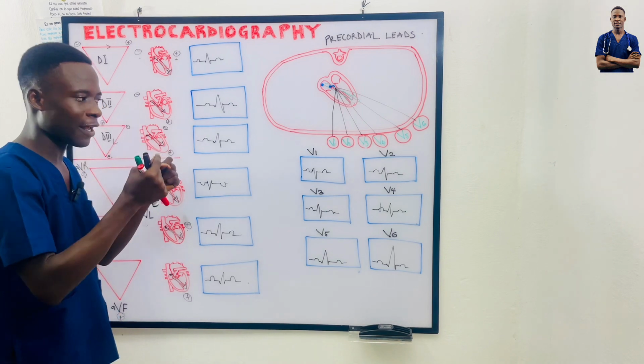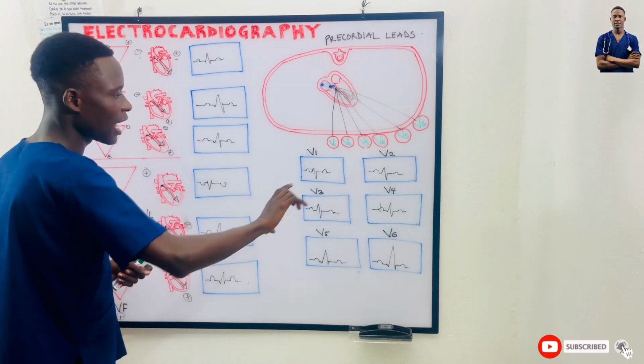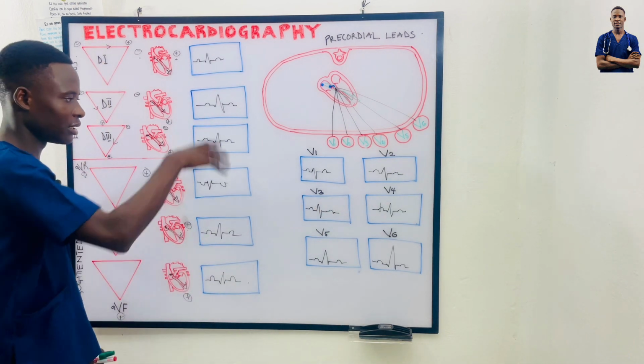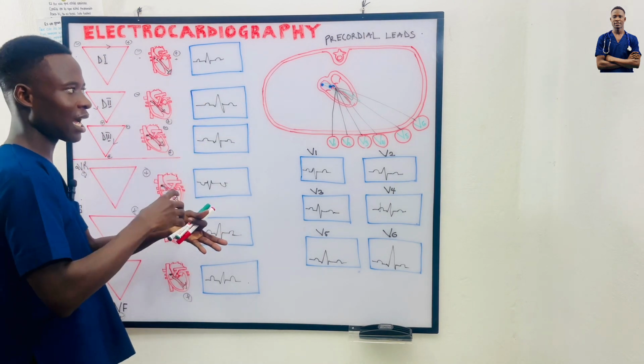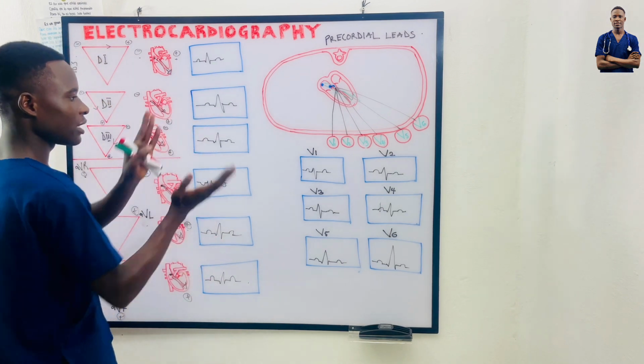And this will give you a clear idea about what is happening in the heart, because some of the pathologies change the actual reading of these leads. Do you understand? The actual reading of these leads may change, or some of the position of the heart. Sometimes you can get some pathology that will cause the heart to change its actual position.